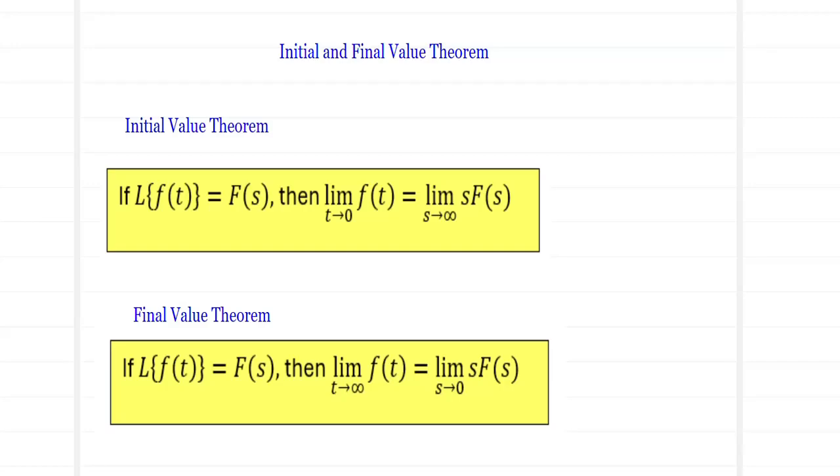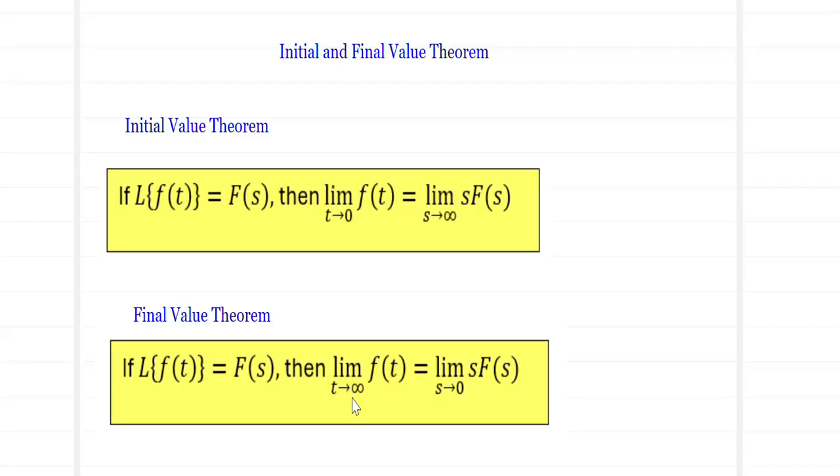The initial value theorem says that if we can define Laplace of f(t) as a function of s, then the limit of f(t) as t tends to 0 is the same as the limit as s tends to infinity of s times Laplace of f(t), or F(s). The final value theorem is the same, but instead of t moving to 0, it is replaced by t moving to infinity.